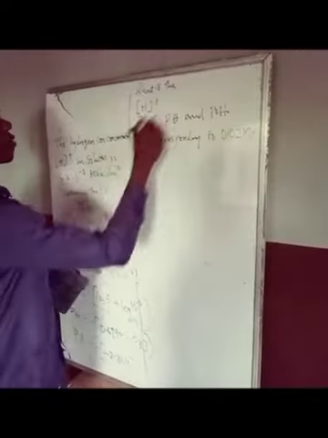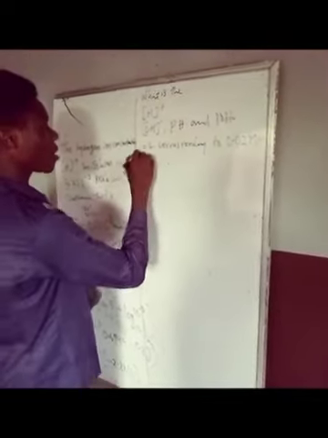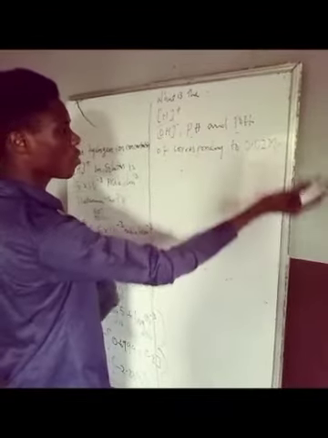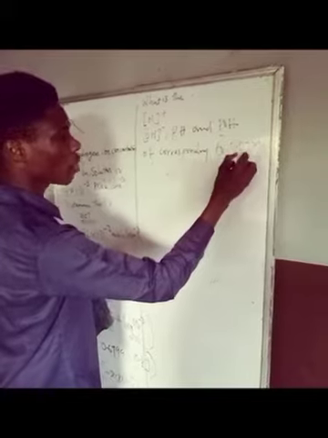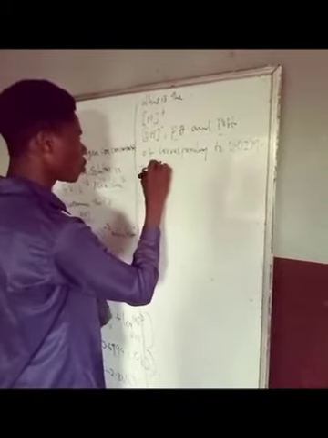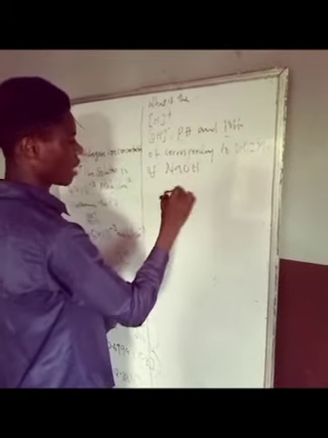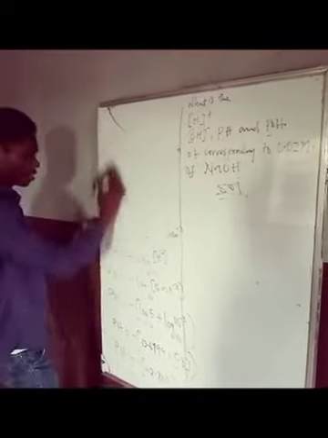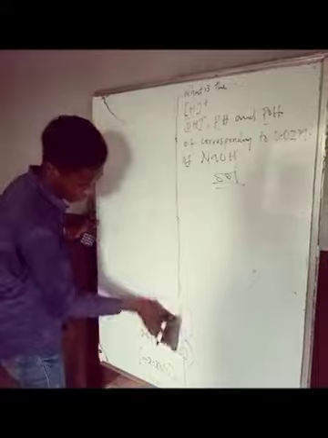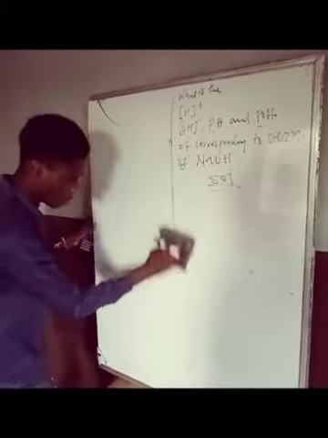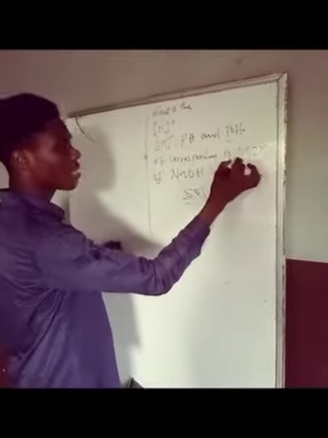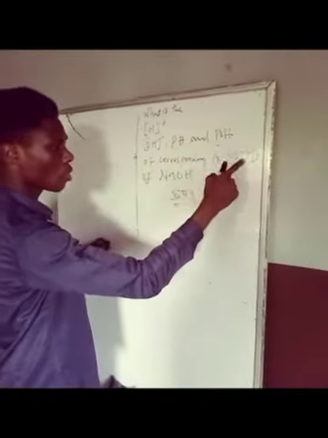So now we are asked to find the hydrogen ion concentration, pH and pOH of a corresponding 0.02 molar sodium hydroxide solution. Very simple, so what you are going to do is very quick. Don't forget that this is sodium hydroxide, 0.02 molar.